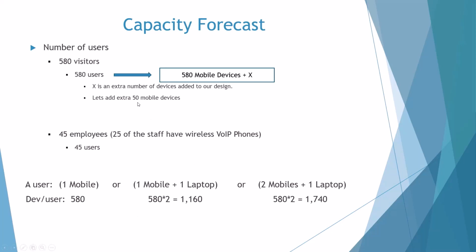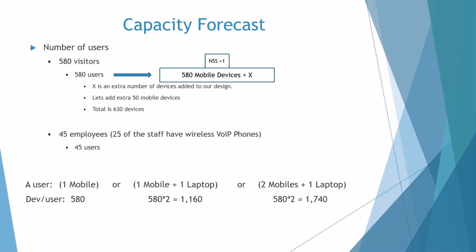I have selected that to be 50, it's a random selection for the sake of our demo. The total number of devices will be 630 devices, and these devices will be capable of supporting one spatial stream only.